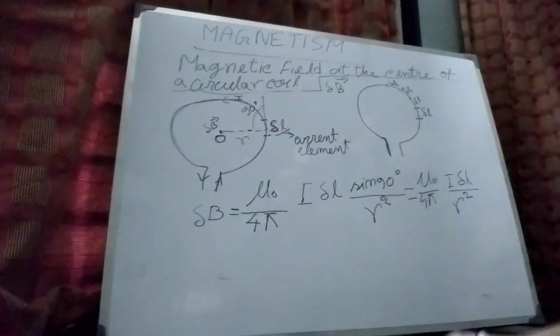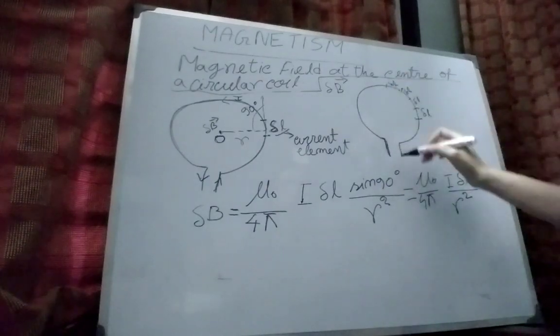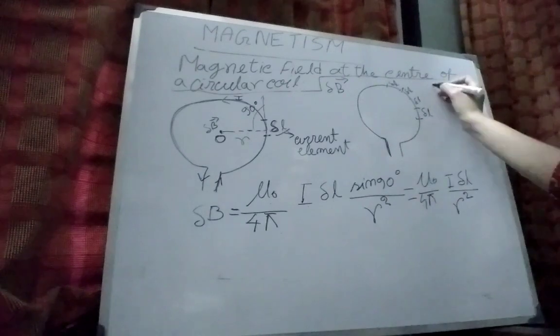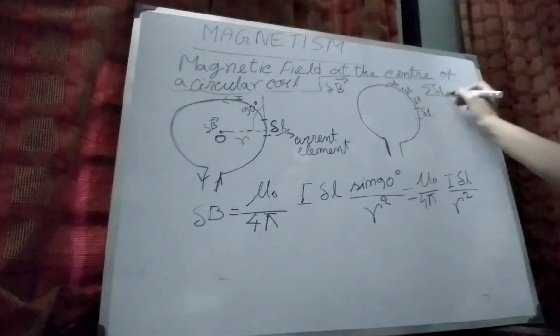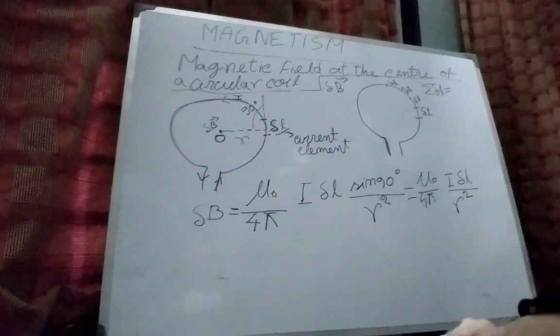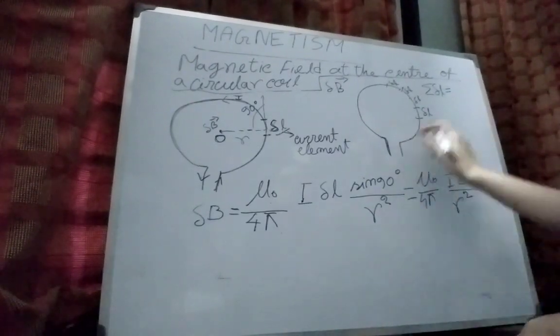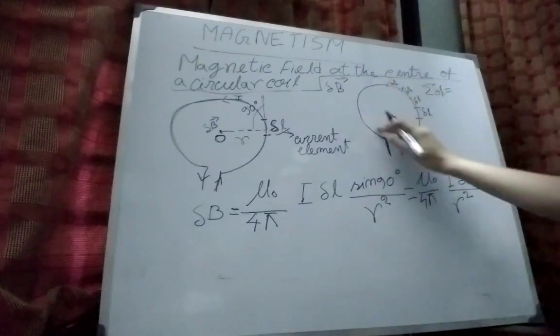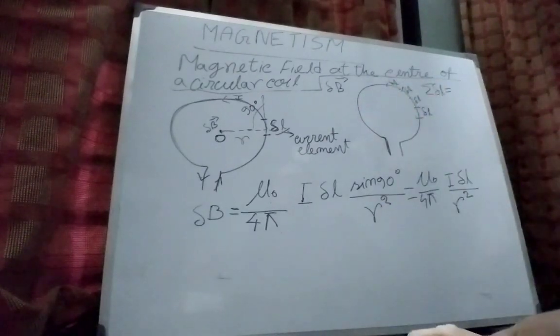So, how will we get the entire length of this coil? By summing up these small current elements, that will be the summation of del L. Now, what will be the value of the summation of del L? As this is a circular coil, the boundary will be the circumference of a circle.